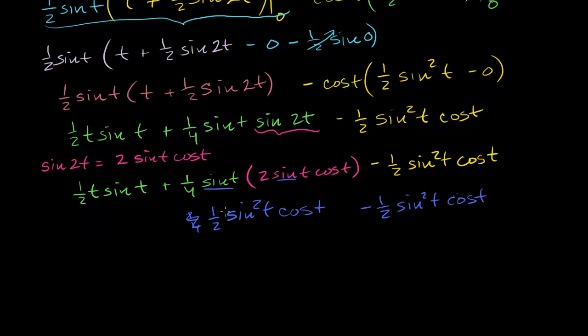And luckily for us, these cancel out. And of course, we had this 1/2 t sine t out in front. Now, this guy cancels with this guy, and all we're left with through this whole hairy problem, and this is pretty satisfying, is 1/2 t sine of t.